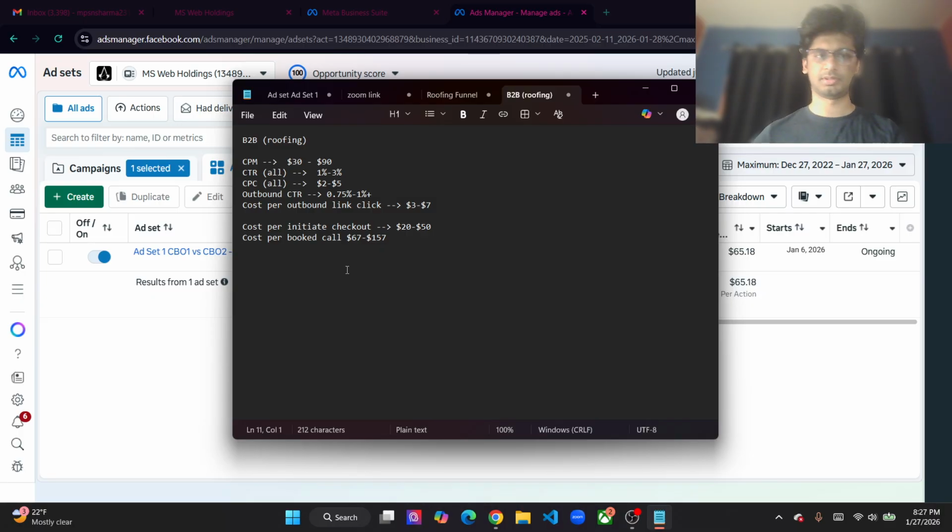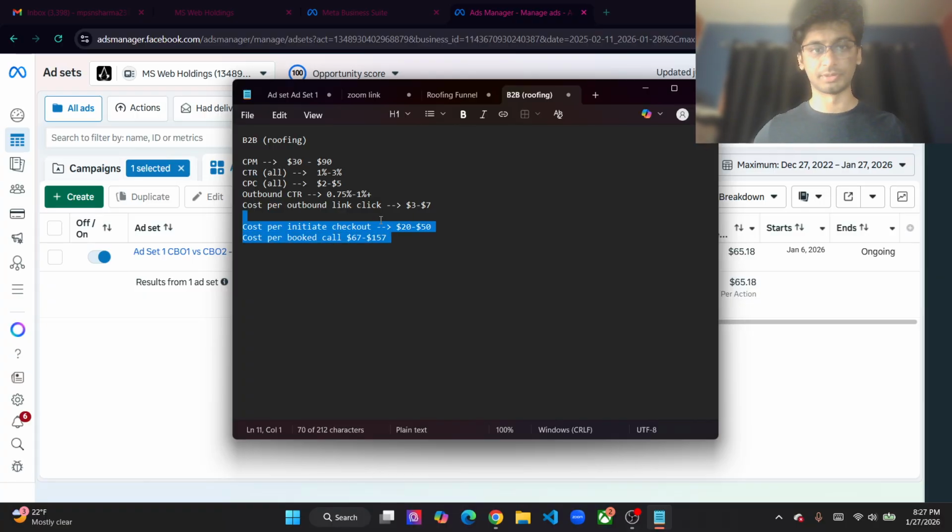But after I lay these metrics, we're going to go over the ad set level. And we're also going to go over the actual ads in the ad set and look at the metrics there. And cost per book call. Cool. For now, we'll keep it right there.